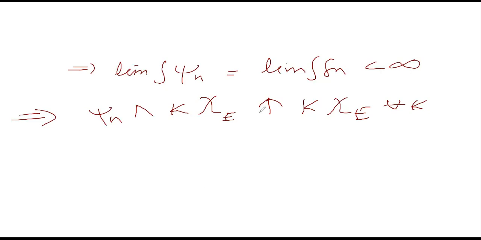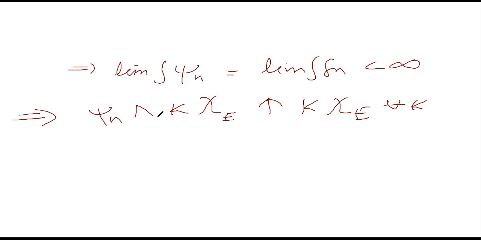Now you take the cases. The limit of psi_n is g, and whenever x is in E, g is infinity. Then the limit of psi_n is g, which is equal to infinity.